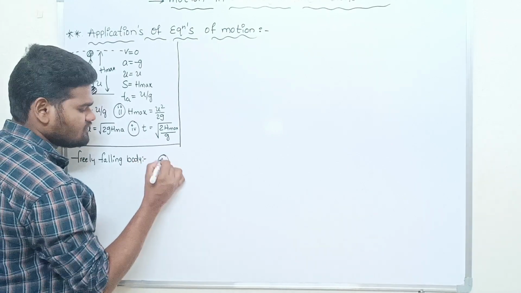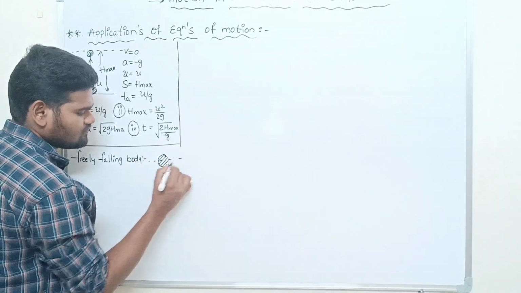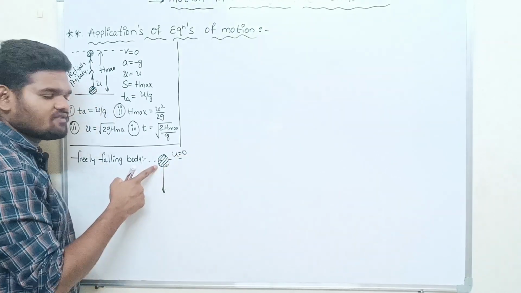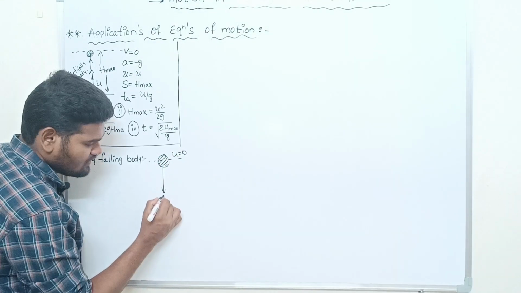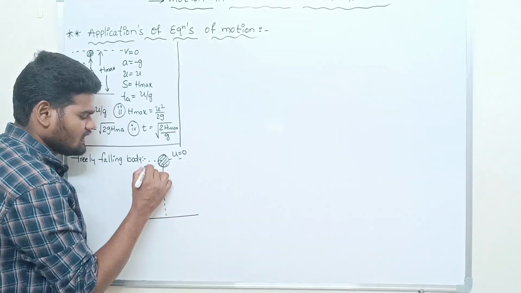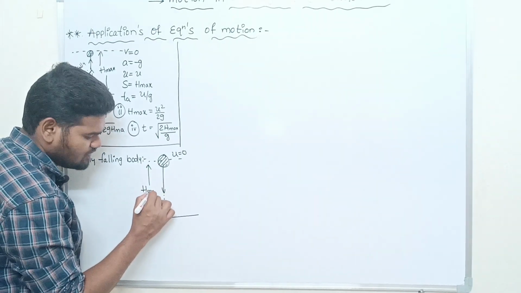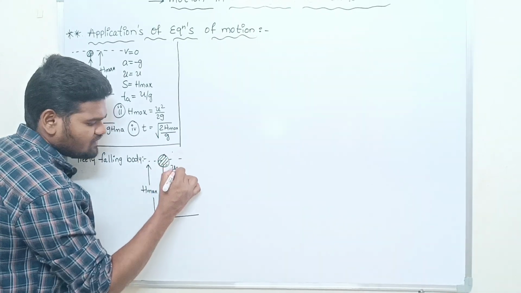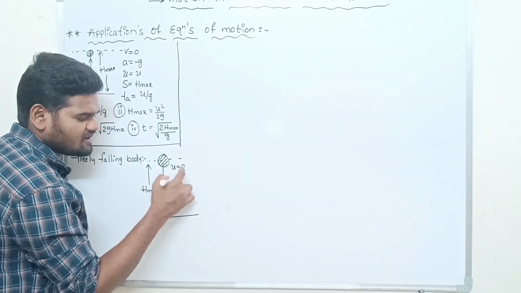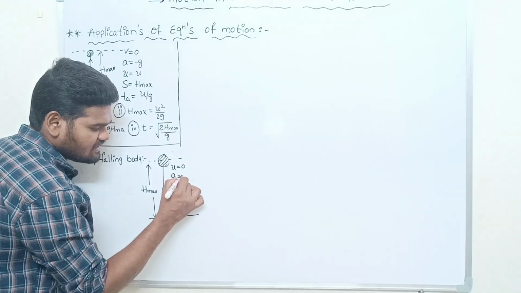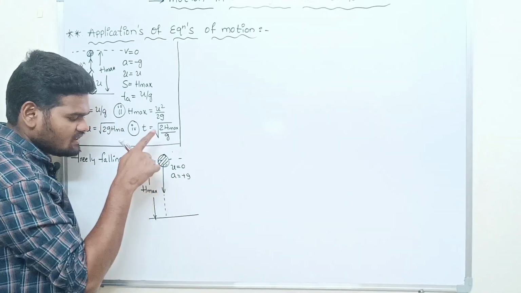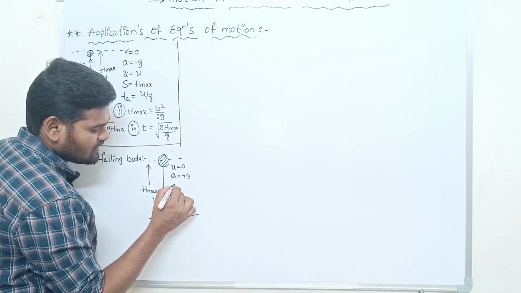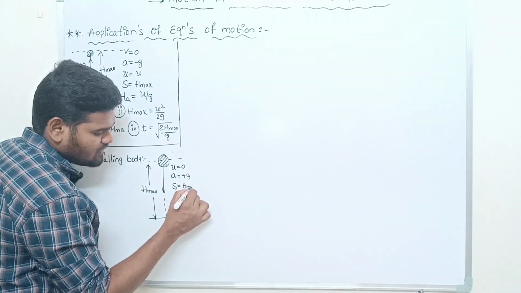Now, in the case of a freely falling body, initially the velocity is equal to 0, and it is moving towards the ground from this height, called H maximum. The acceleration due to gravity is plus g, because the acceleration of the object and the acceleration due to gravity are in the same direction, and the displacement is H maximum.